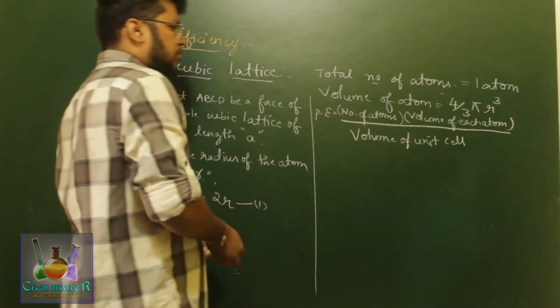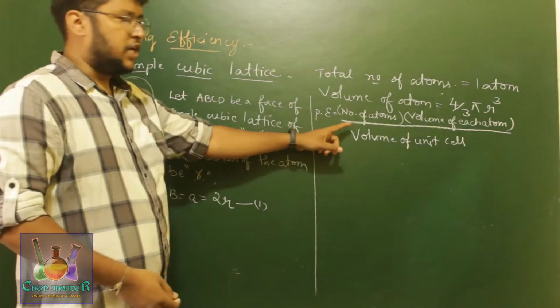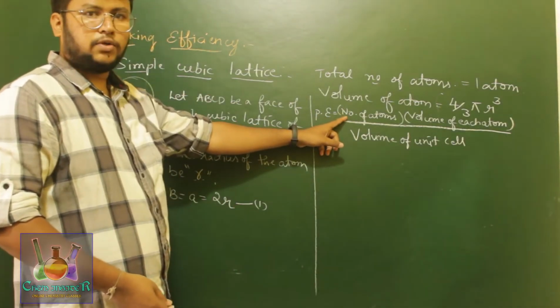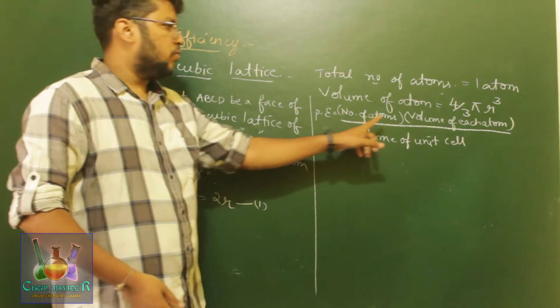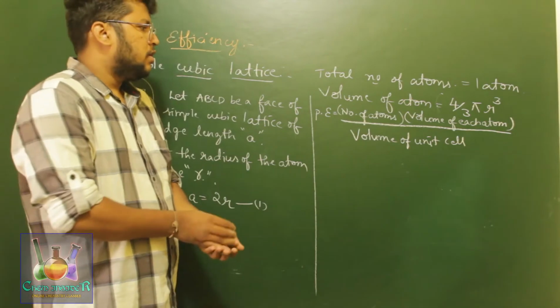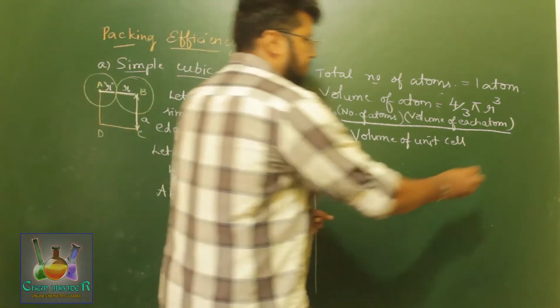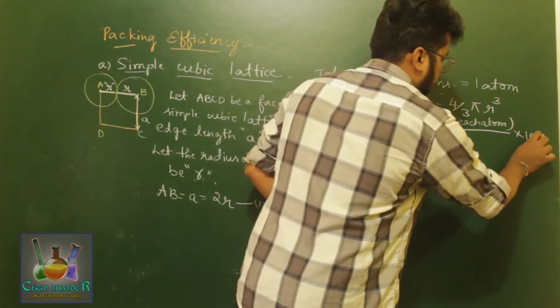If you observe over here, I am just changing the numerator. Instead of writing the total volume of atoms present in a unit cell, I am writing number of atoms into volume of each atom. Okay, so into 100. We need to consider that also, into 100.